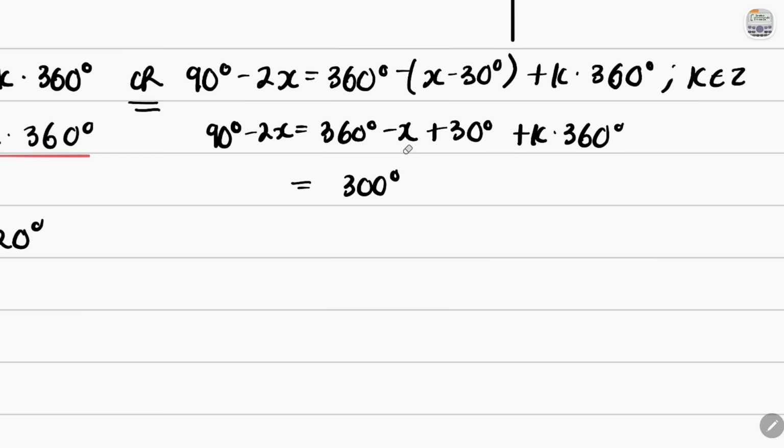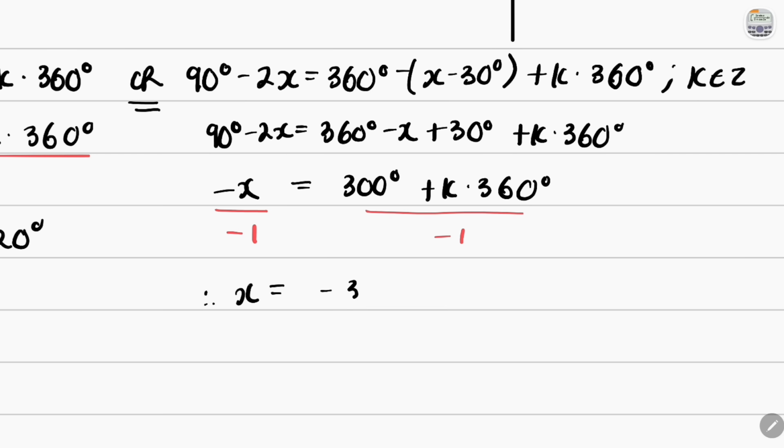Now we still have this negative x. Bring it over, it becomes positive x. x minus 2x is negative x. And again, plus k times 360 degrees. Divide both sides of the equation by negative 1. And so x is equal to negative 300 degrees minus k times 360 degrees.